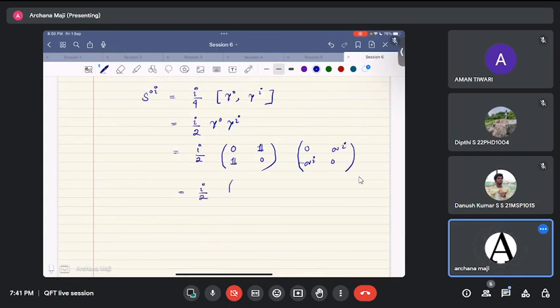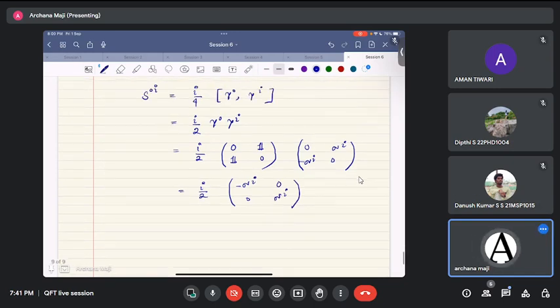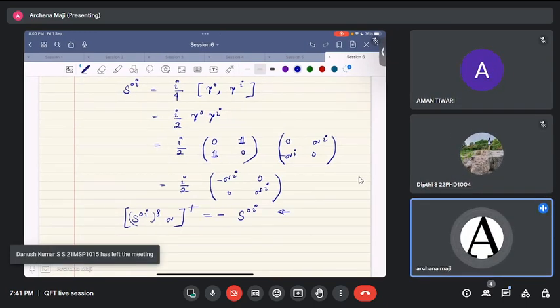So we get first row, first column giving minus sigma i, first row, second column giving 0. Right? So it's easy to see that if we take dagger, we get minus of S0i.